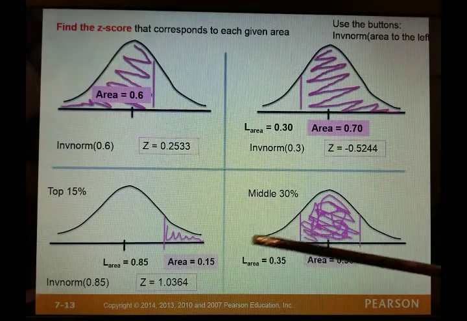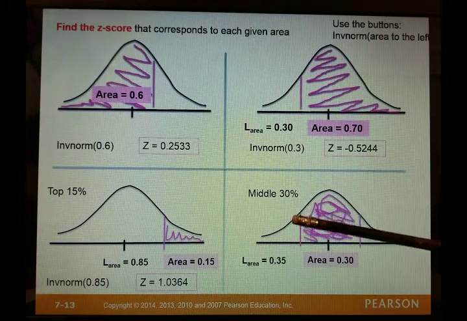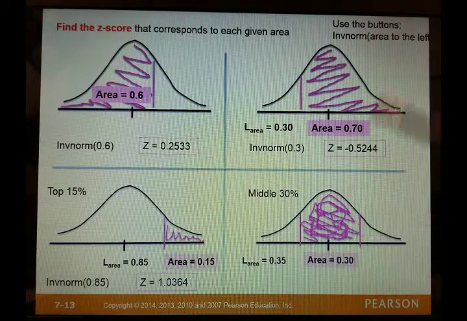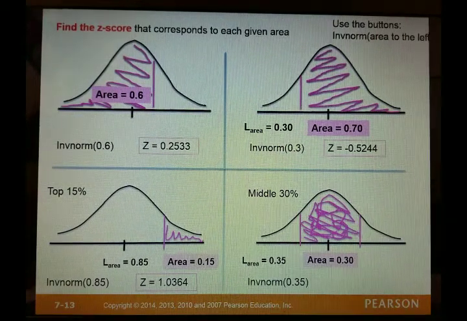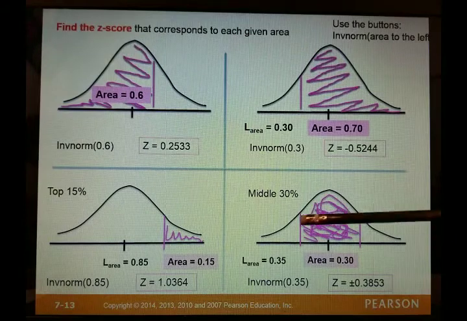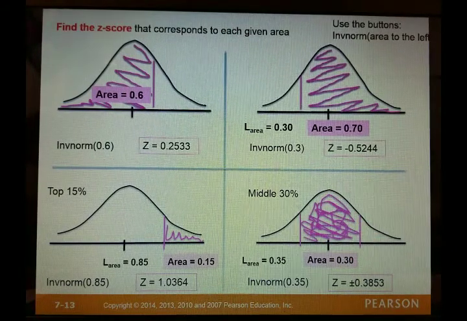Because it is symmetric about the mean, 0, whatever this z-score is, it's negative, and this one would be the same, but positive. Remember, it is symmetric about the middle. So for the middle 30%, this z-score and this z-score are going to be equal in magnitude.